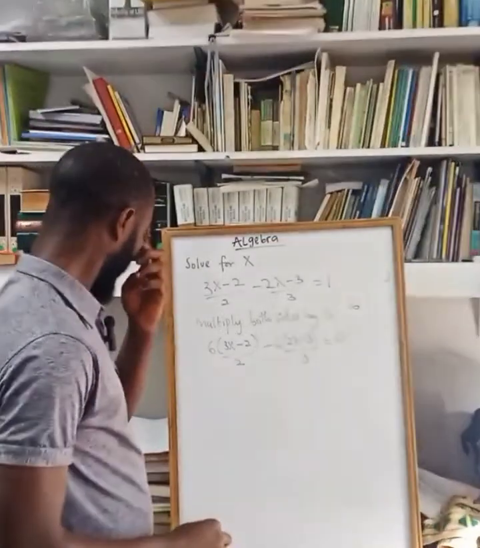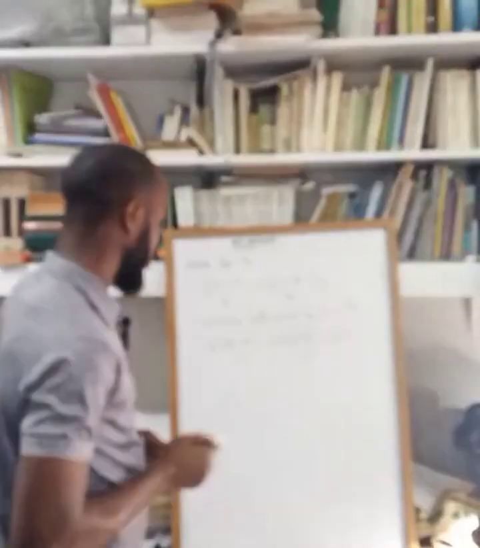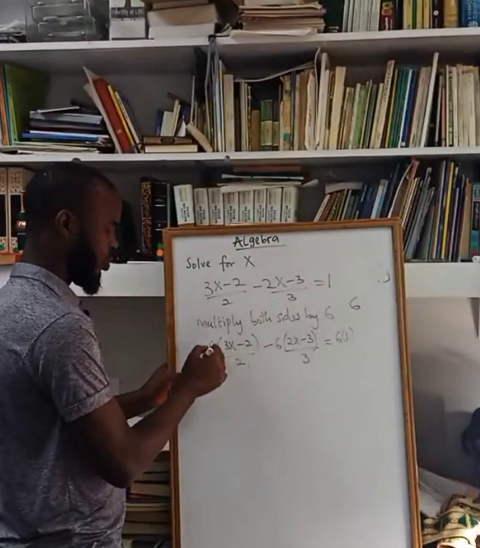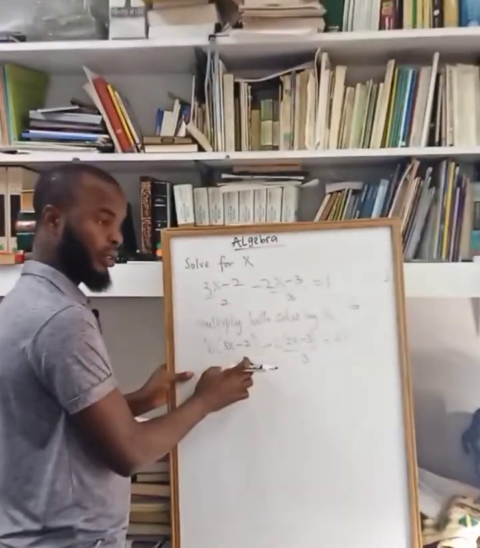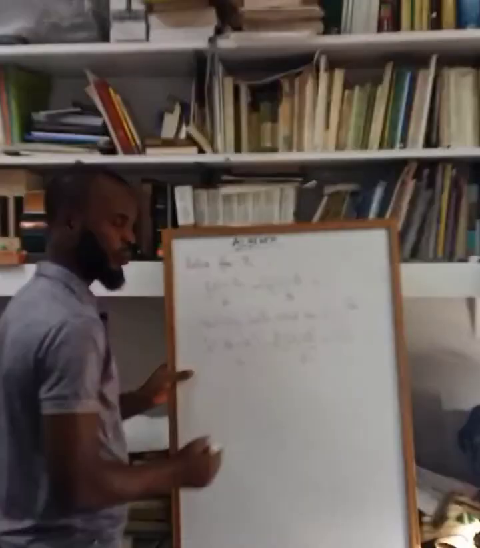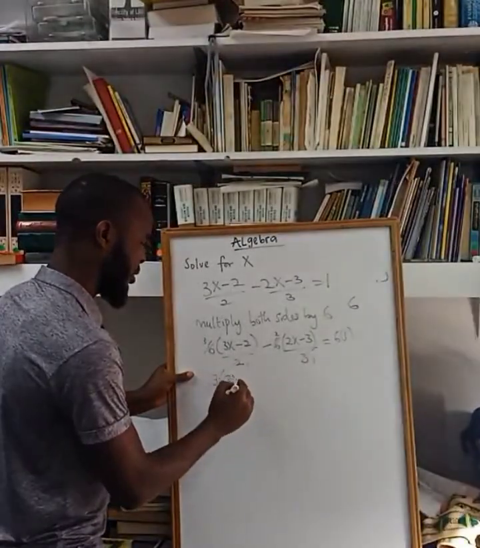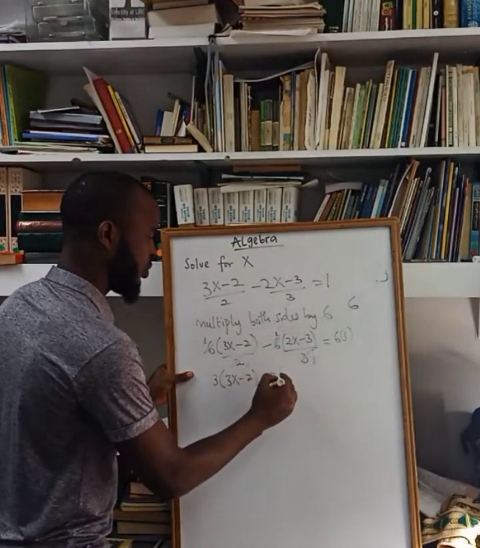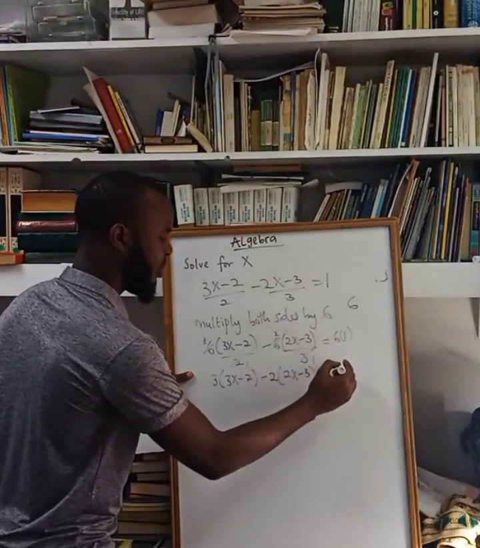Then we need to bring out the parentheses by distributing 6. Or before you distribute 6, 2 here 1, 2 here 3. It's possible because this is a single fraction. You can perform the basic operation. 3 here 1, 3 here 2. So here I'm going to have 3 into bracket 3x minus 2 minus 2 into bracket 2x minus 3 equals 6 multiplied by 1 gives 6.